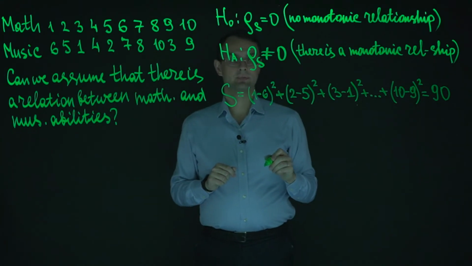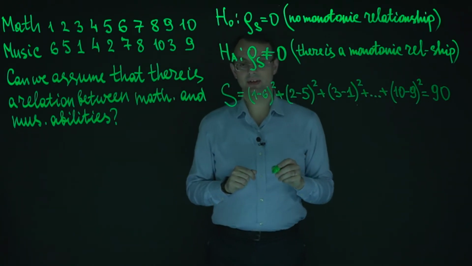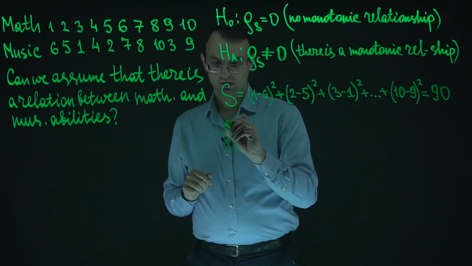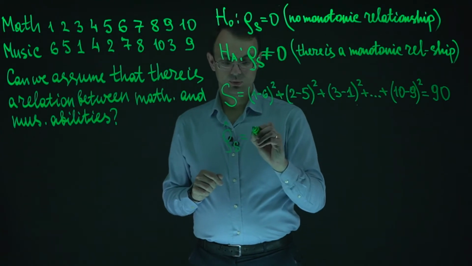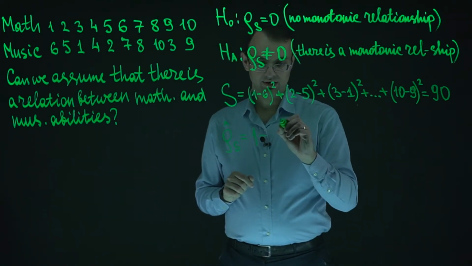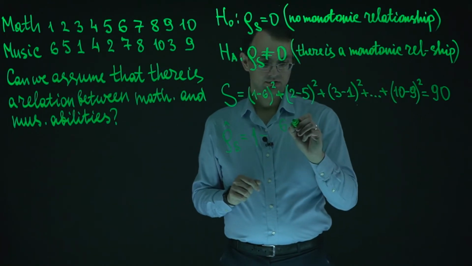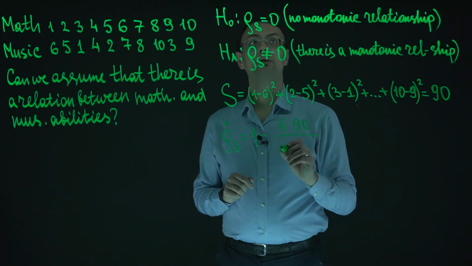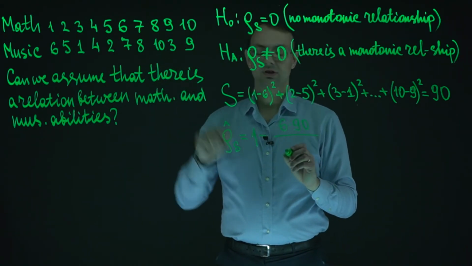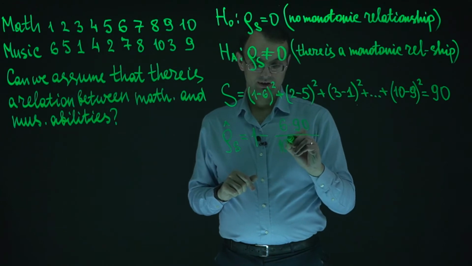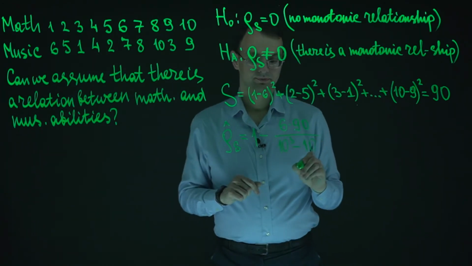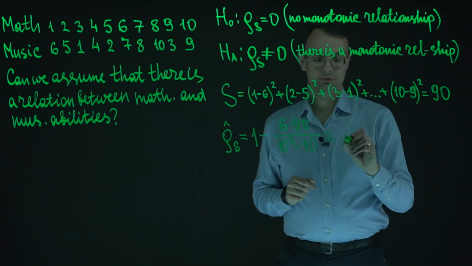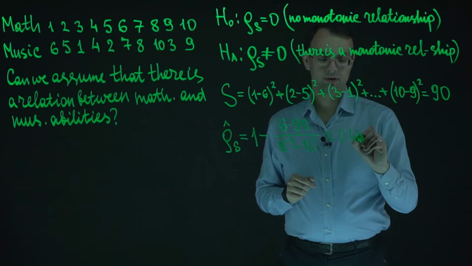Then the next step is the sample Spearman's coefficient. It is 1 minus 6 times S, that is 90, divided by n cubed minus n, and n is 10. We have 10 observations. So 10 cubed minus 10. And this is approximately equal to 0.455.